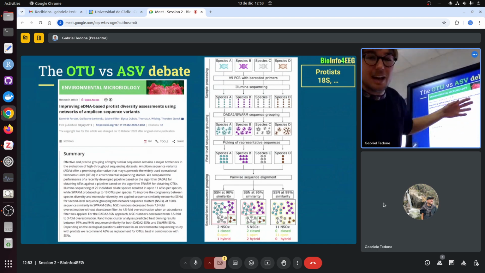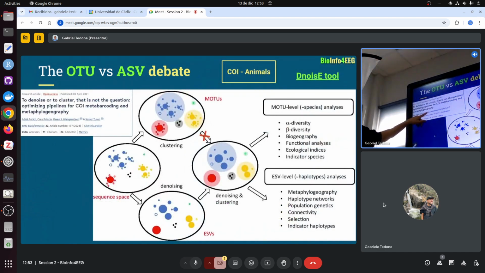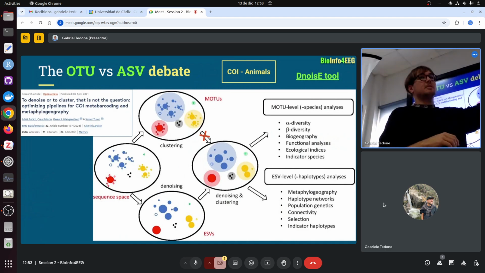So I read in depth this paper, which does metabarcoding in animals, but I thought their approach was amazing. I will not go into this deeply, but they adapted the denoising algorithm to the COI gene marker.